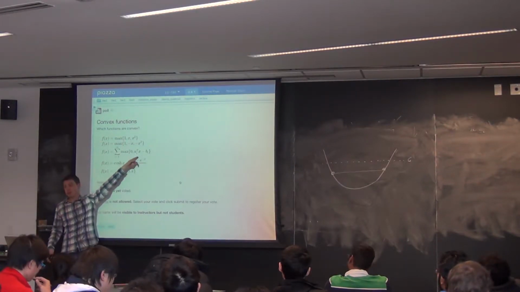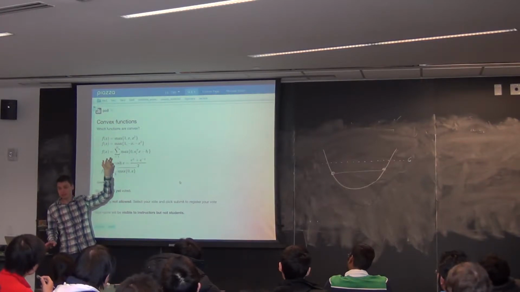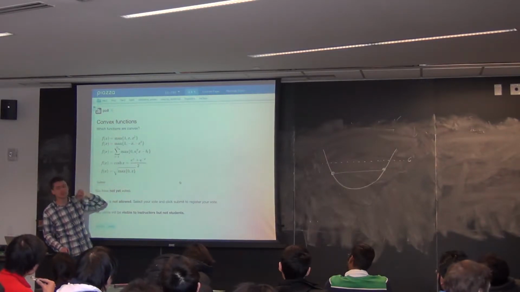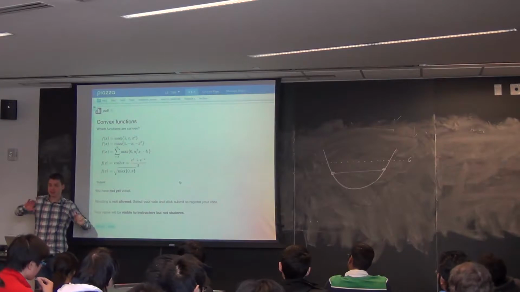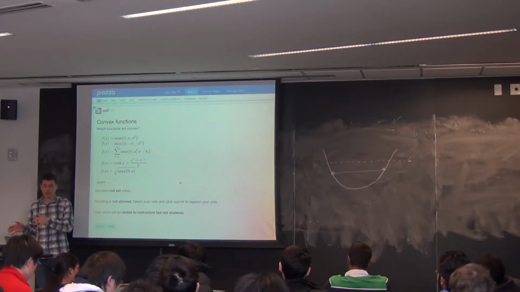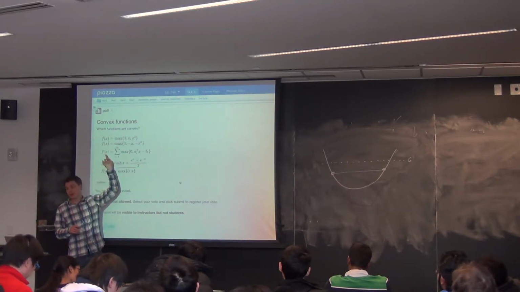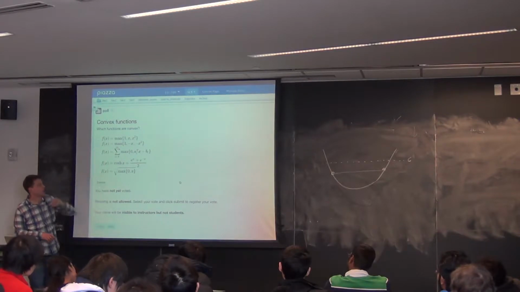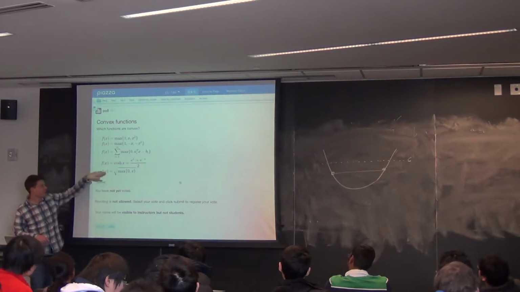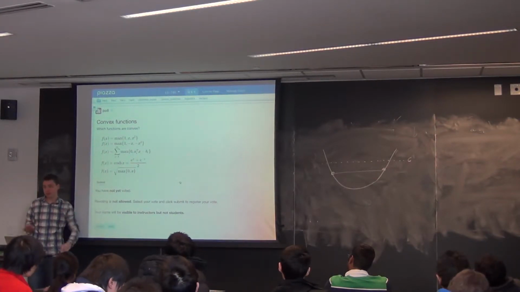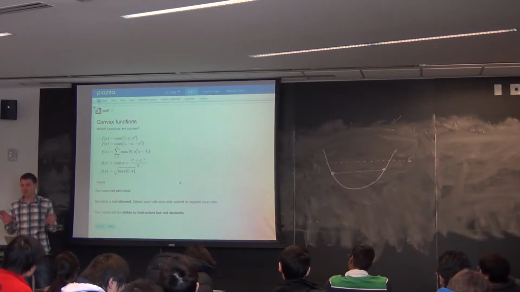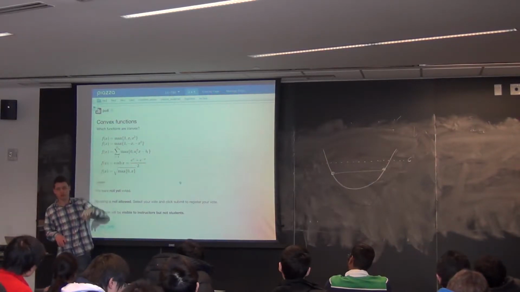Here, s can be a matrix. It doesn't have to be. It can be a scalar, or sorry, a vector. In this one, x is a vector. It can be a scalar too. It actually does not affect whether it's convex or not, whether it's a vector or a scalar. But x can be a vector here. These two, x is both a scalar. So x is a scalar for all of them except this one, where x can be a vector. But if you treat x as a scalar, actually it won't hurt you in this one either.